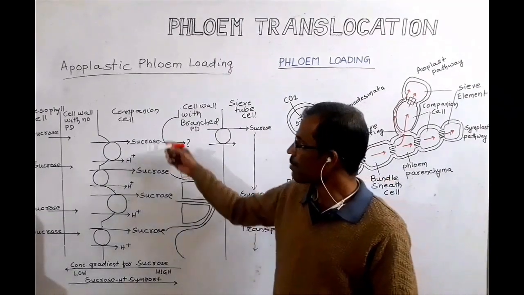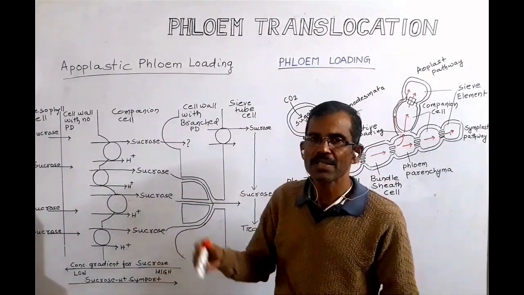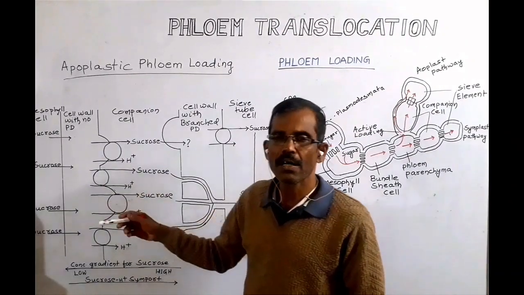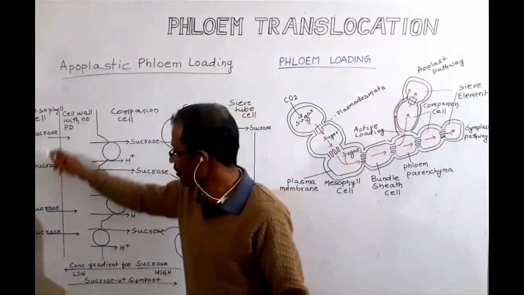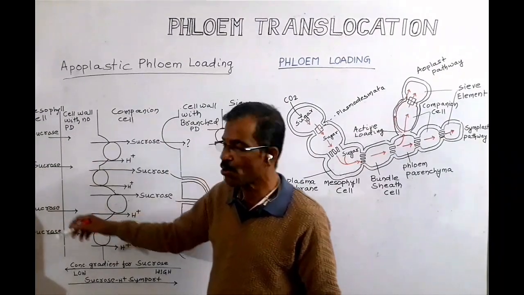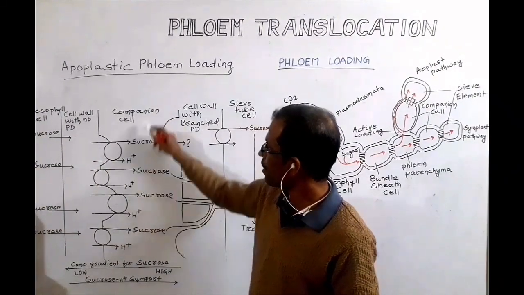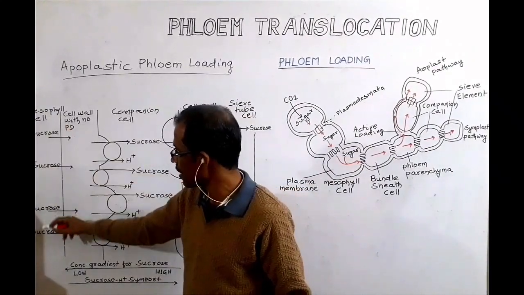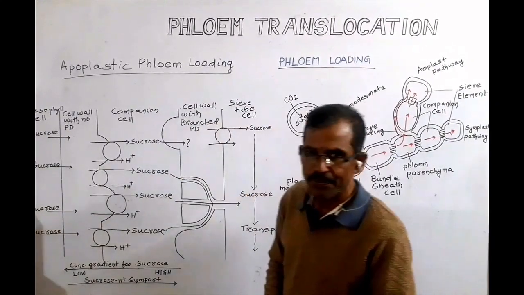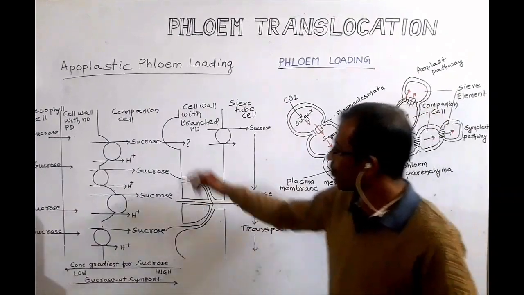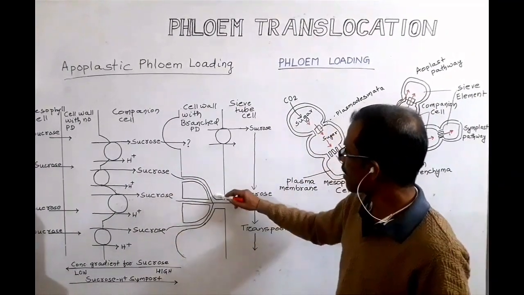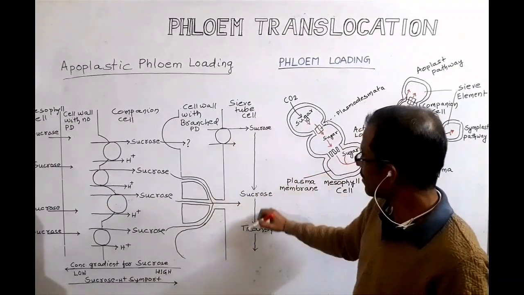The ordinary type of companion cells or transfer cells have very few plasmodesmatal connections with the surrounding mesophyll cells. So, this type of companion cell is symplastically isolated from the surrounding mesophyll cell, whereas the companion cell has numerous plasmodesmatal connections with the sieve tube.